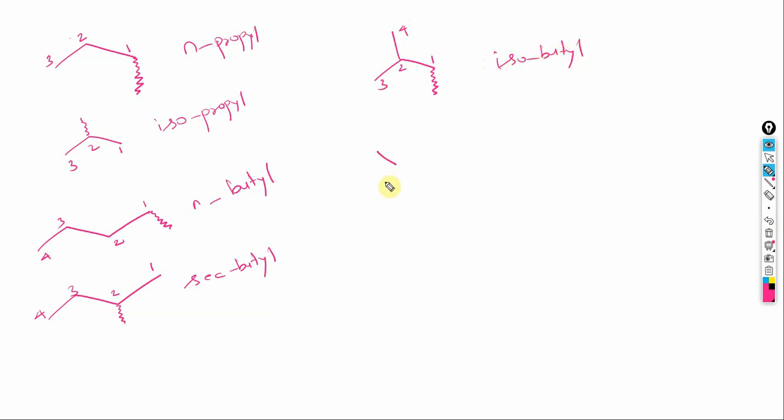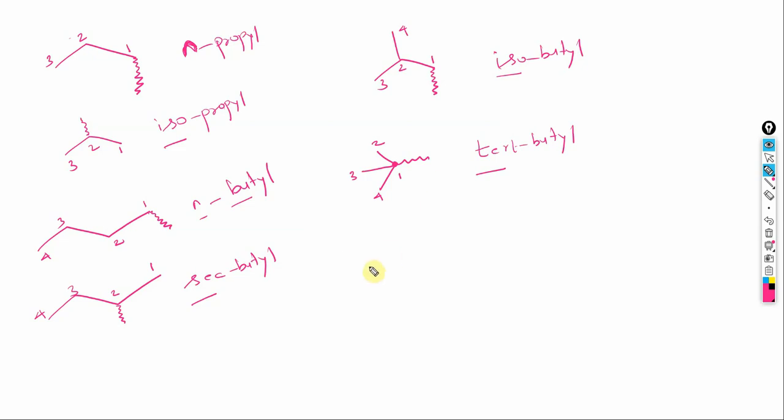And if we have all 3 carbons attached to a central carbon, now making a total of 4 carbon count, so this is 1, you have 2, 3, and 4, then this is going to be a tertiary butyl. So yeah, you don't need to add the N prefix as I just mentioned. You can simply say butyl, and the N butyl is implied, but the other ones you definitely have to mention these prefixes.